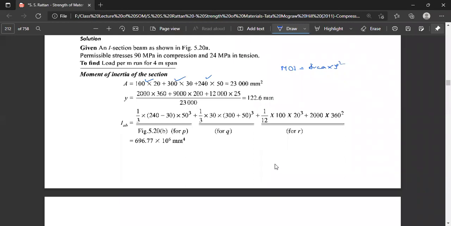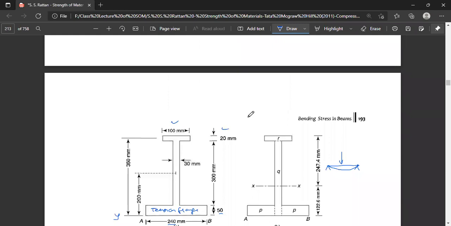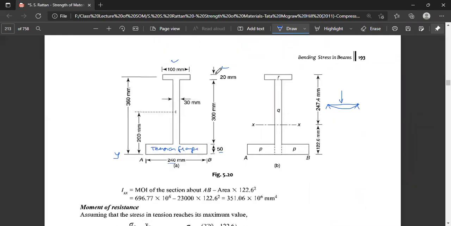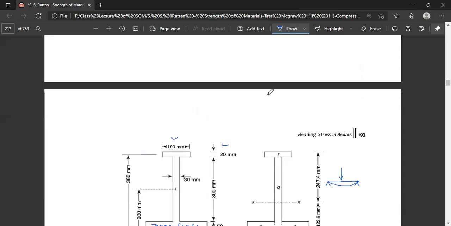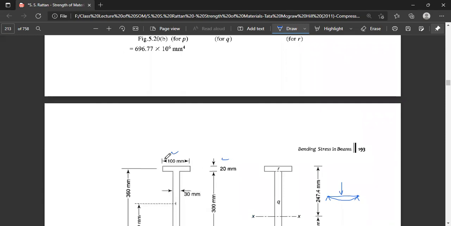For P plus Q plus R, and R is this plus its distance, that is 350, 370, 360. Yes, 360 is the distance, multiplied by 360 squared into 2000. This is the area 22,000.